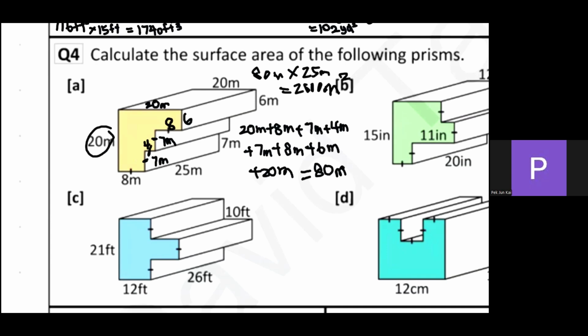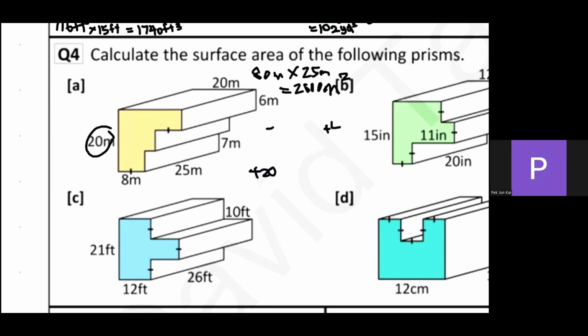So now we need to find the area of the cross-section. We can split the area of the cross-section into three parts, part A, part B, and C. So the area for part C would be 56, since 8 times 7.